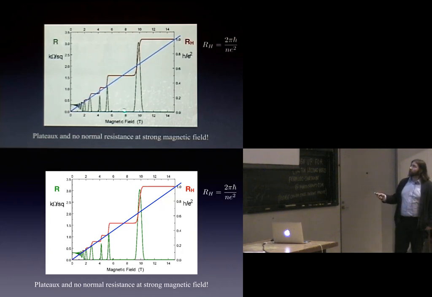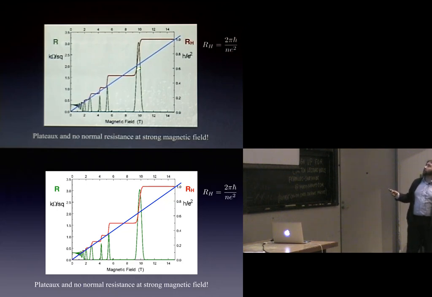You see that it's somehow a perfect normal conductor because it doesn't resist at all, but the Hall conductance takes these very fixed values, and if you work through the numerology and look at what these values are, this is 1, this is a half, this is a third, and you can see very quickly that it fits this very simple formula that for each of these plateaus, it just depends on a bunch of fundamental constants like Planck's constant, the electric charge, and n, where n is now just an integer.